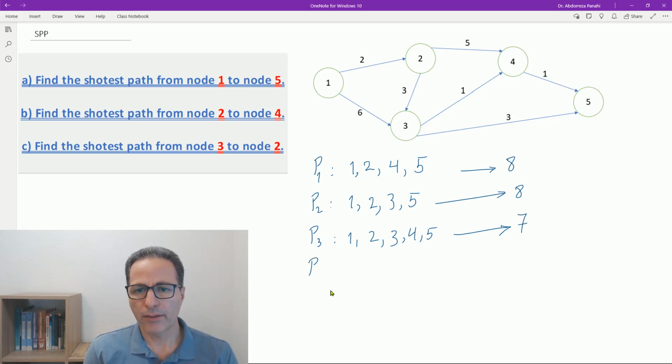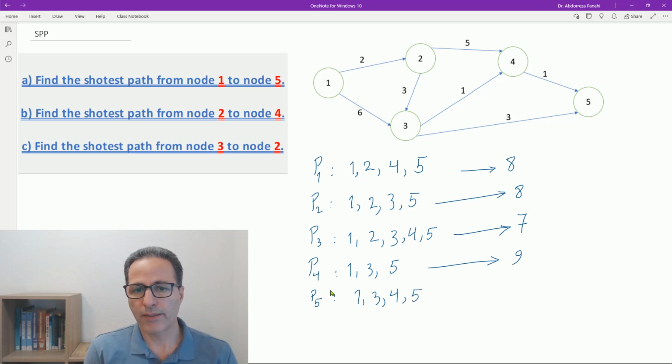And there exist other paths like P4. We can go from 1 to 3, then 3 to 5 directly. The cost is 6 plus 3, 9. And P5 from 1 to 3, 3 to 4, and then 4 to 5.